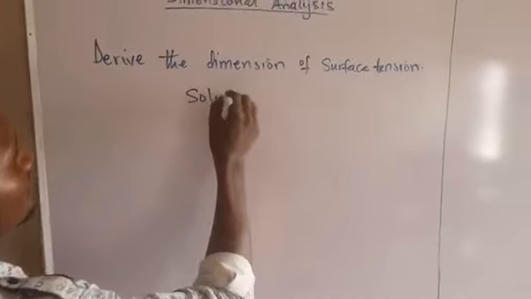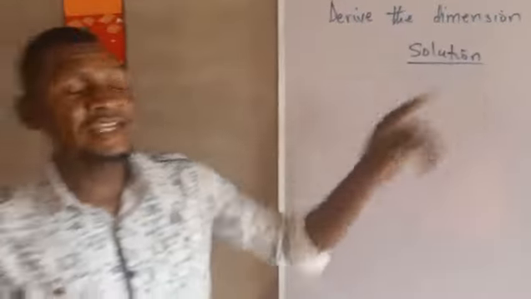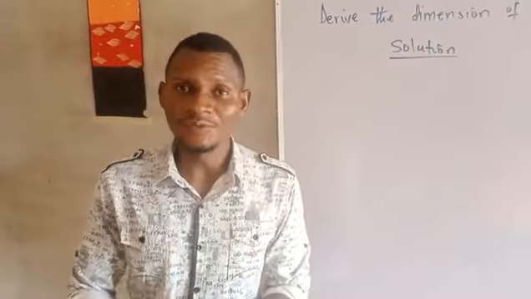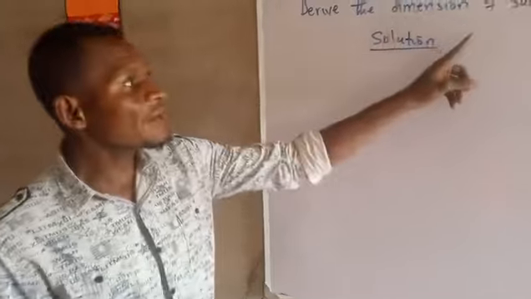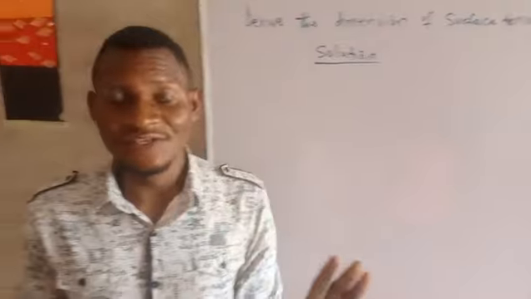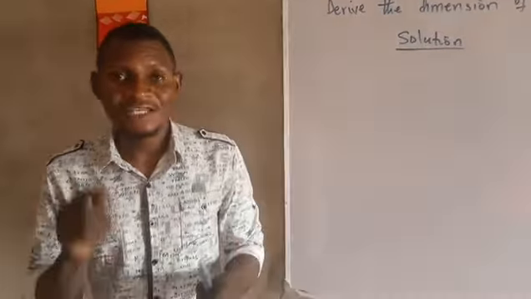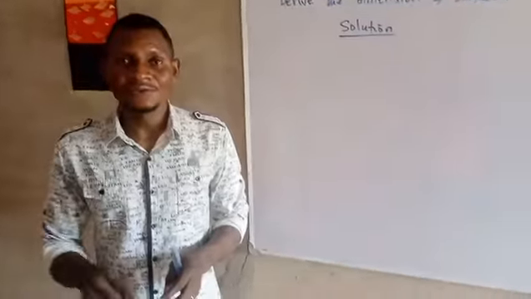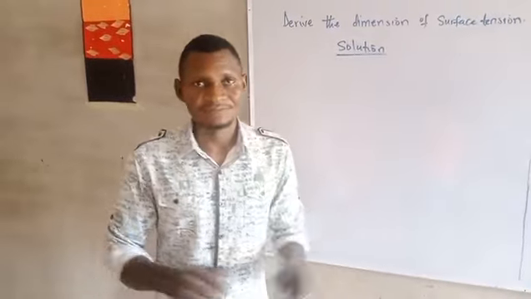Solution. First of all, when you are finding the dimension of any quantity, you need to know the formula for that particular quantity. So what is surface tension? Surface tension is a force acting in a liquid, causing the liquid to behave as a stretched elastic skin.